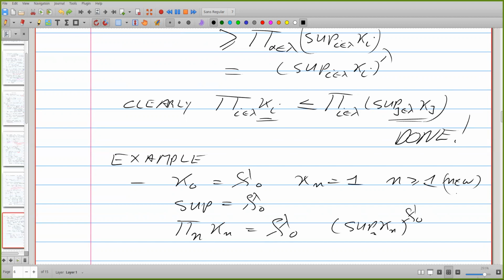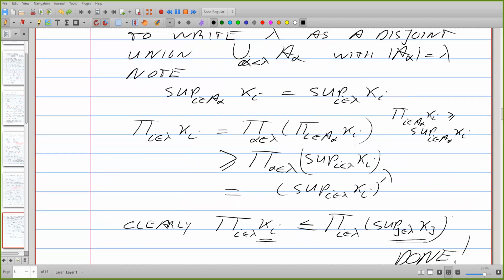And of course, we take lambda equal to aleph 0 as well. The power of the supremum is 2 to the aleph 0, which is way bigger than this product. So we really do need to know that the sequence is non-decreasing.